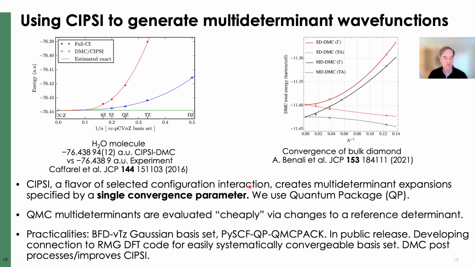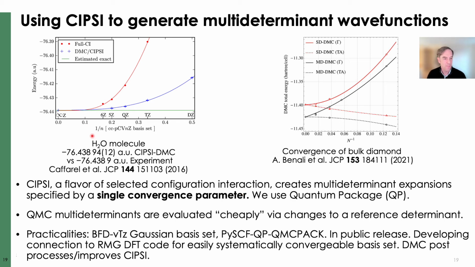So you start with one determinant, you consider which possible excitations might contribute significantly to the ground state. And if they contribute significantly enough, you then add them into the wave function, and then you iterate, adding progressively higher excitations. And so this has a sort of simplicity that we find appealing.